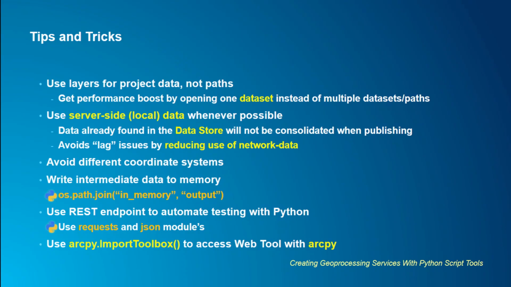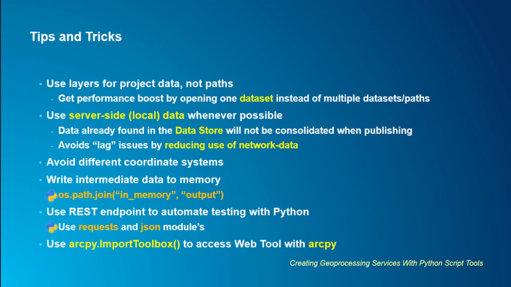So we talked a little bit about this. Using layers for project data, don't use paths. If you can, prepare your server or your data store to have the data that's going to be utilized already, and try to consolidate all that into one place, one feature set or one data set of some sort.